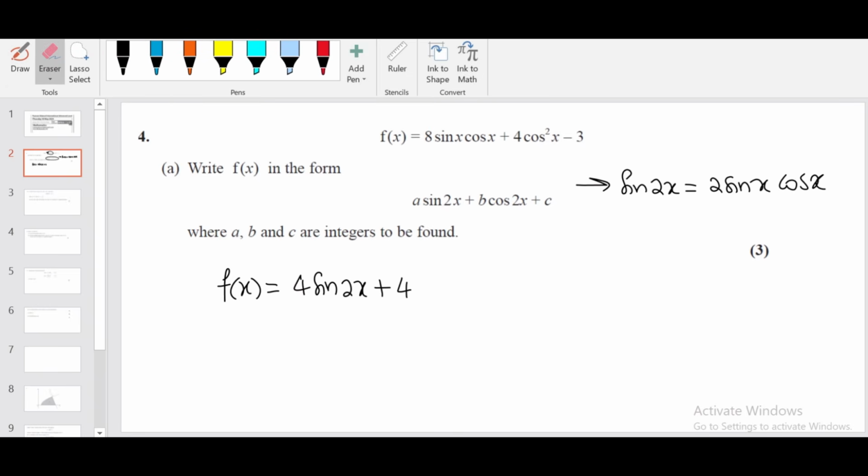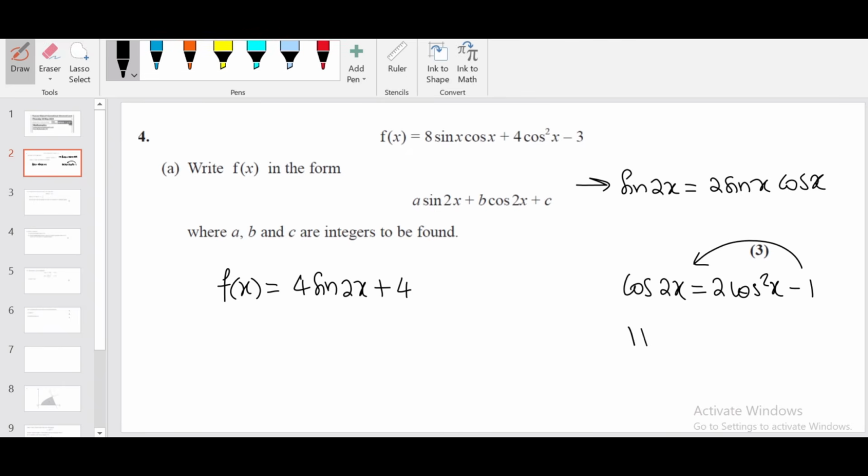And then the next one, you have cos squared x. This is the double angle formula: cos 2x is 2 cos squared x minus 1. Bring the minus 1 here, it becomes 1 plus cos 2x is equal to 2 cos squared x.